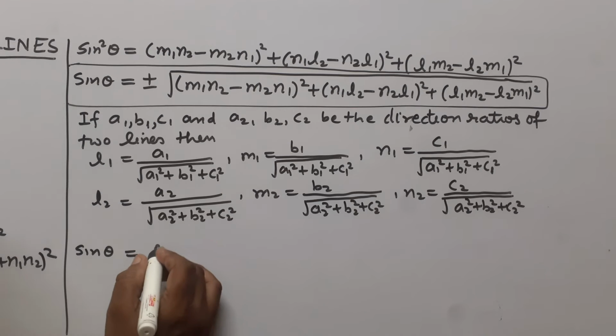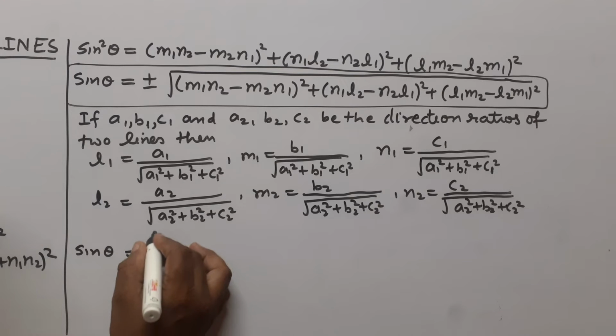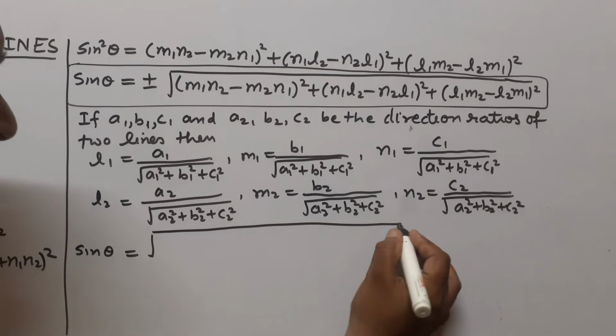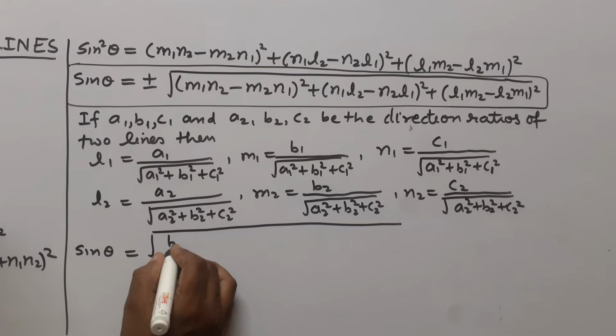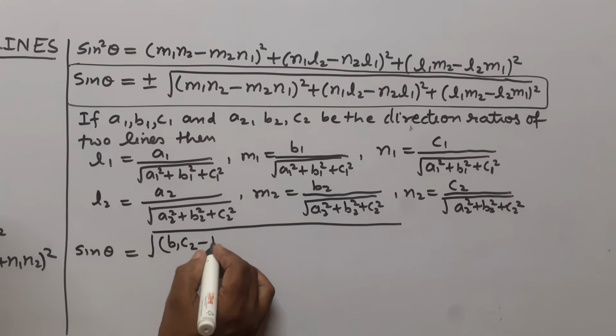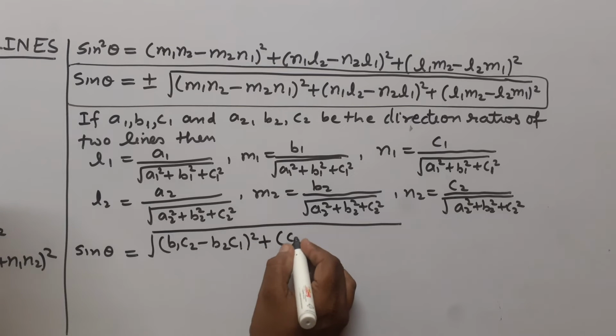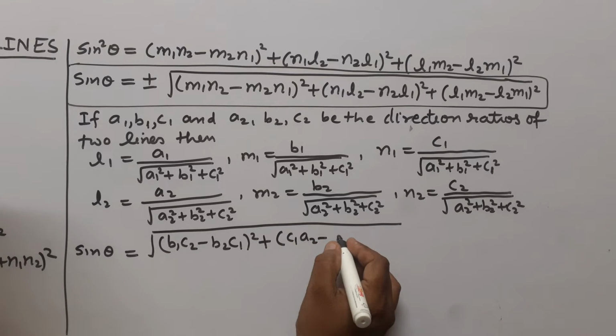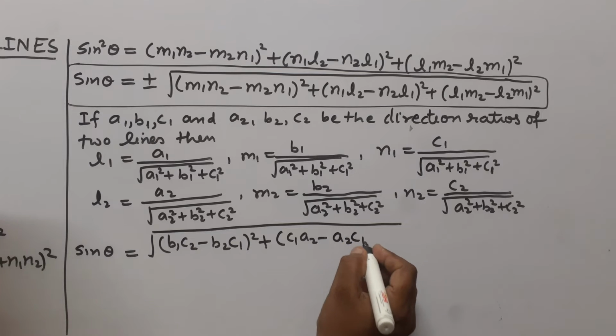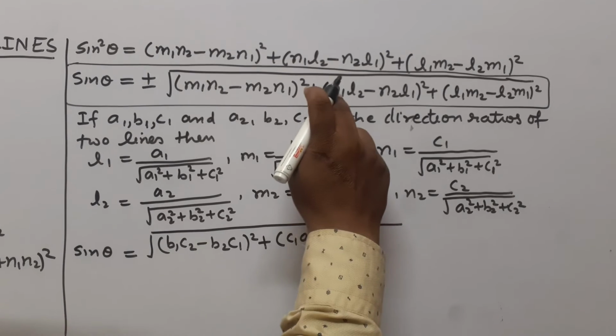So we can write this under root, B1 C2 minus B2 C1 whole square plus C1 A2 minus A2 C1 whole square. Here we write N1.